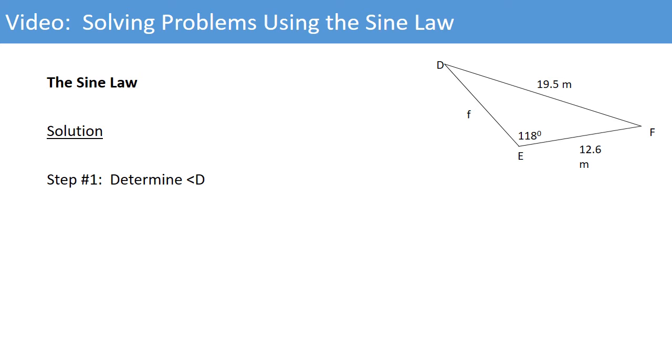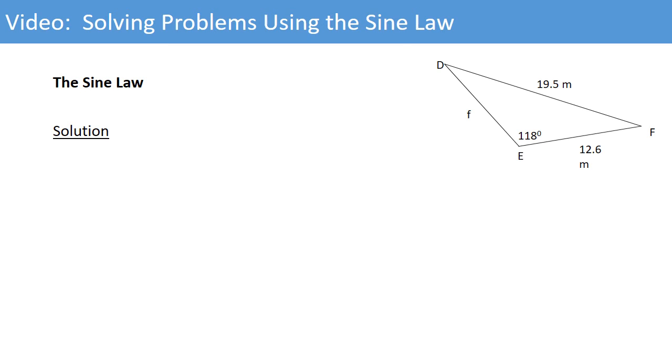Determine angle D would be the first thing you would need to do. Sine D over little d, the length of the side, is equal to sine E over e. Substitute in the values: sine D over 12.6 equals sine 118 degrees divided by 19.5.